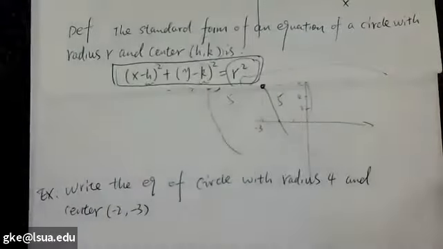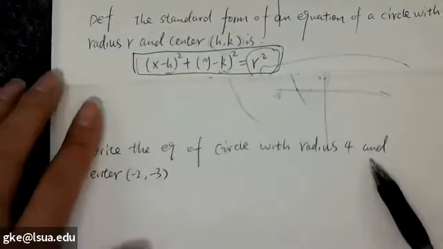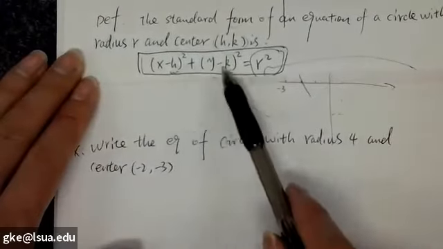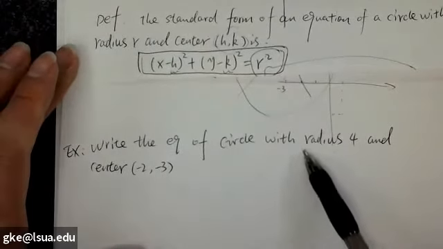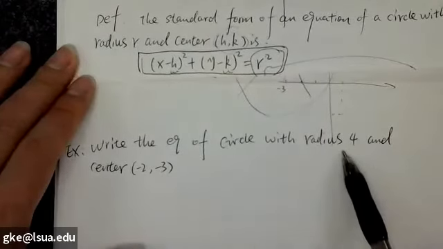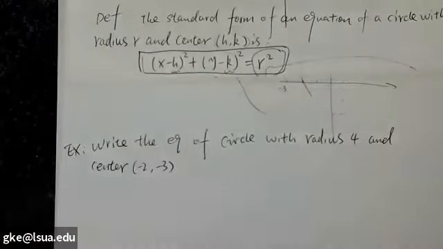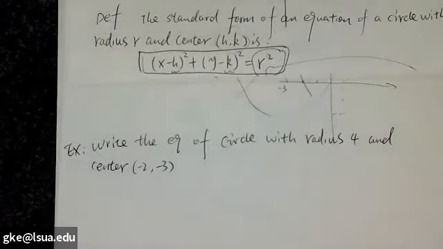Basically what you're gonna do is find h, k, that's the center, and find the radius, that is 4, right? And plug in, you're gonna get it. Try it by yourself.